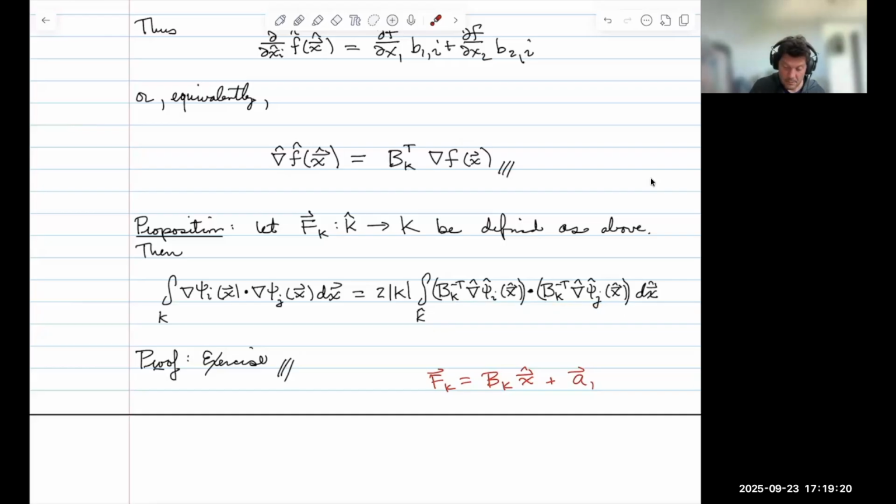So that's the idea of using the reference triangle in order to calculate the elements for the local stiffness matrix. You always do it this way. You always do it with respect to the reference triangle because it turns out it's much easier than doing these calculations over these arbitrary elements.